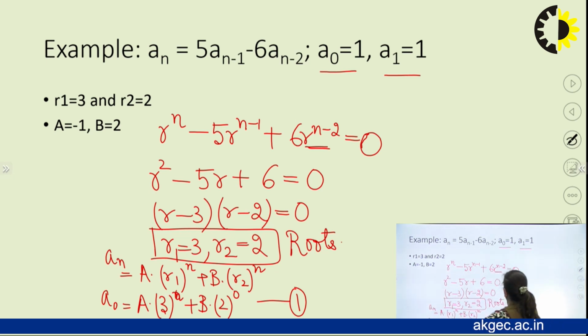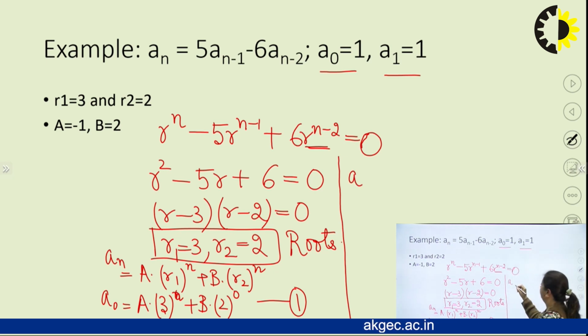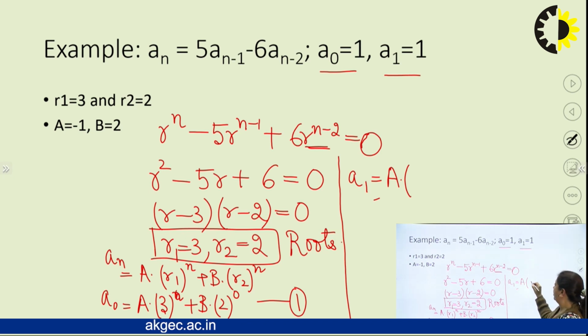So a1 is equal to A·3^1 + B·2^1. So this is my second equation.